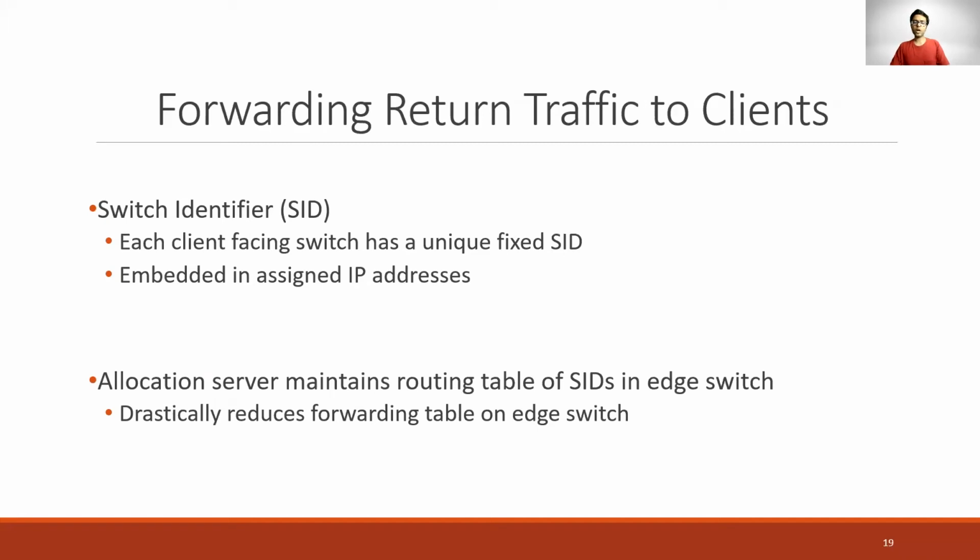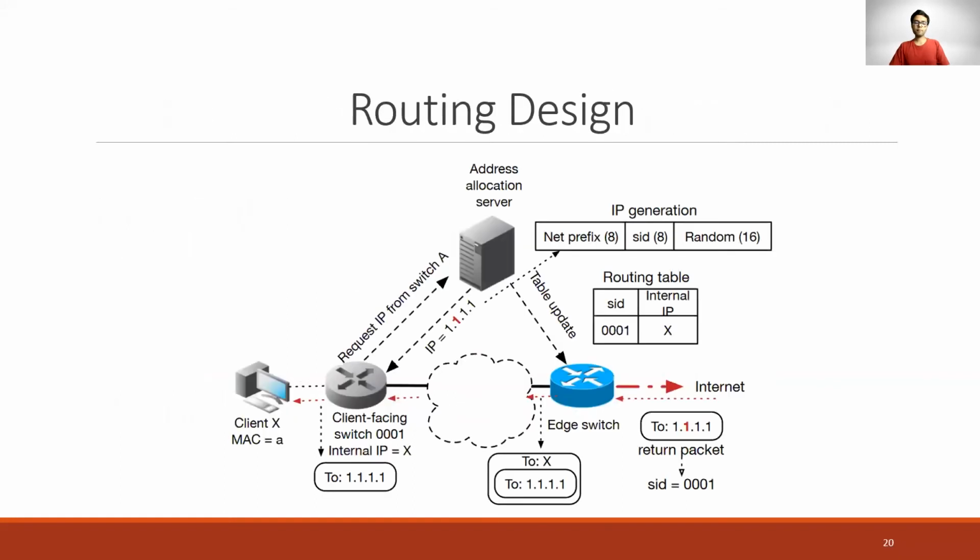The allocation server also maintains a routing table of these SIDs in the edge switch. This allows us to drastically reduce the size of the forwarding table on the edge switch. Instead of maintaining a mapping of each client's IP address, the edge switch only needs to keep track of these SIDs.